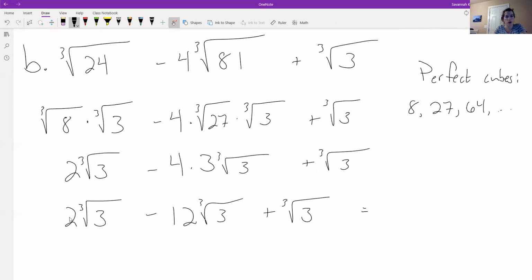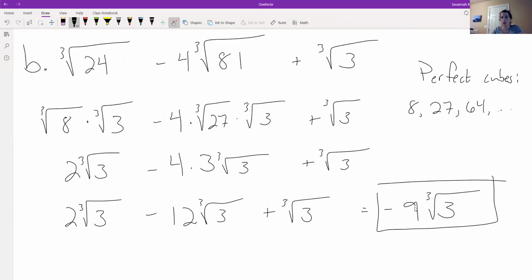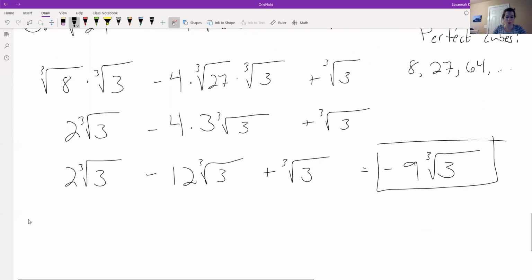All right, so 2 minus 12 plus 1, essentially, is negative 10 plus 1, negative 9, and then the cube roots of 3 are just along for the ride, just as though they were x's or y's or some other variable.